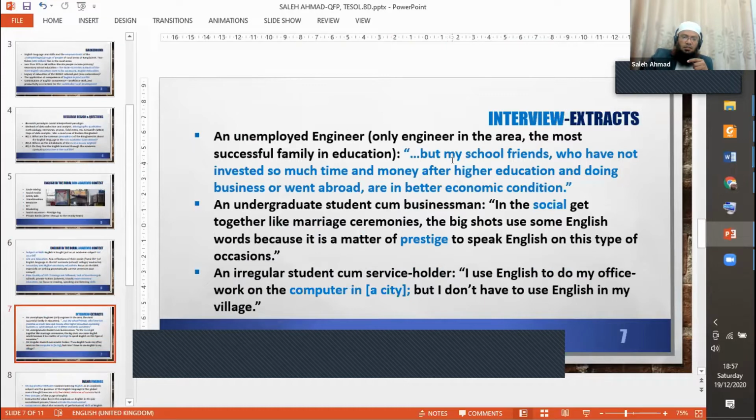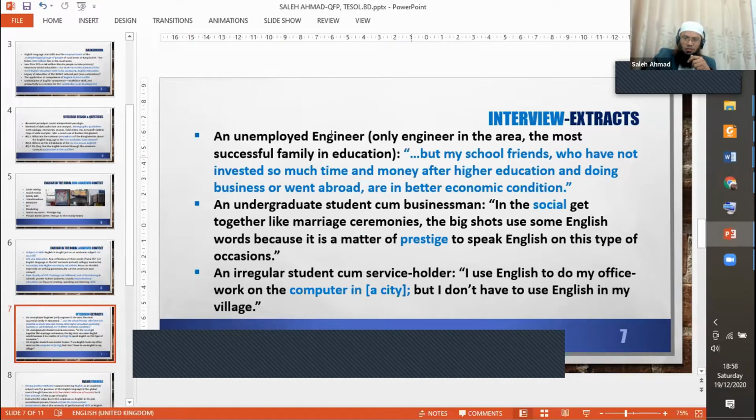Then interview extracts, because as it is an ethnographic study, it focuses on the lived realities of people. The most important family of the village is taken as an icon for success in education. The first daughter was an economics graduate. The second one was an engineer. Both of them were unemployed. The last one was a doctor, but she has just started earning.